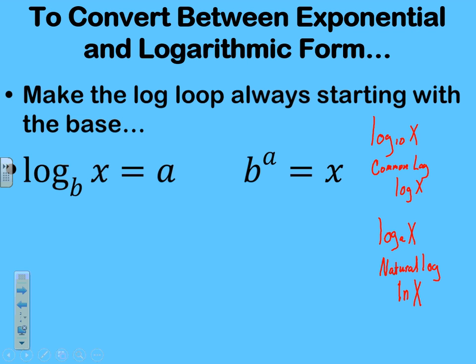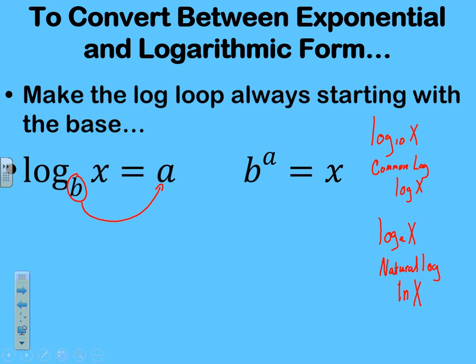And so now moving on to how you could do the converting. Now again, keep in mind here, I'm going to take a look at the one on the left first, where it says log base b of x is equal to a. So here's the base. What we're going to do is we're going to kind of create a loop. Then we got log base b.